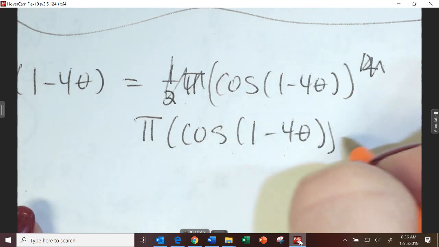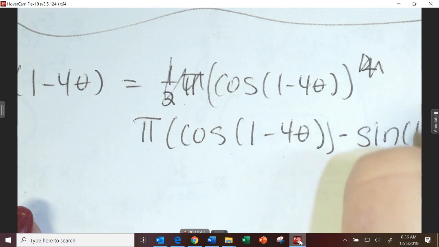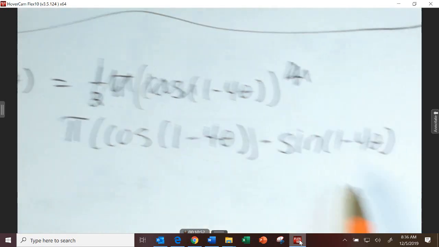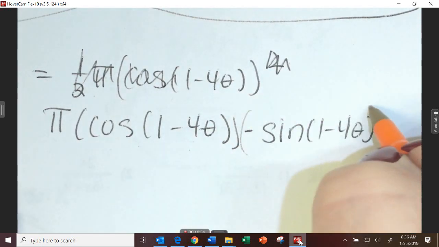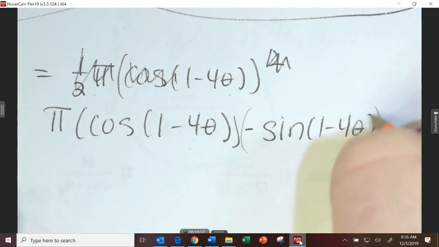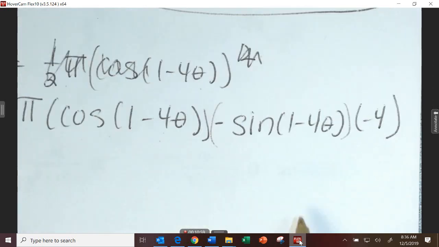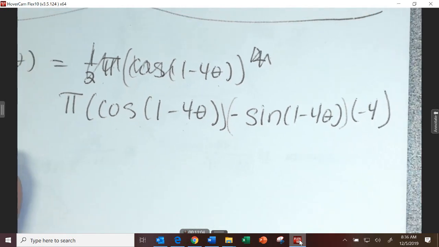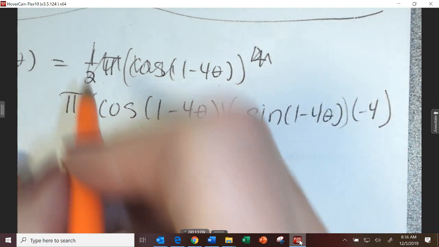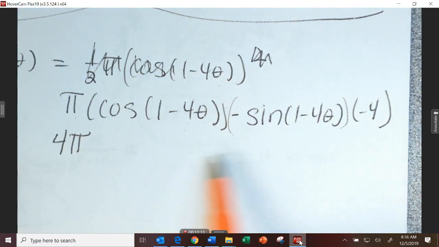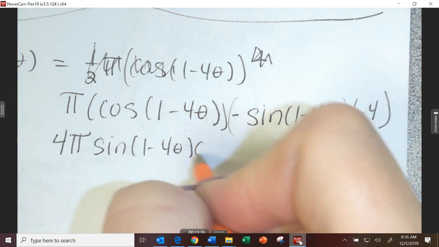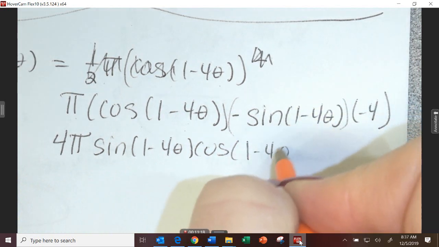So the derivative of cosine is negative sine of 1 minus 4 theta. And so now I took the derivative of cosine, so that's gone. And so now I have to do times the derivative of 1 minus 4 theta, which is negative 4. So simplifying all of that, we're going to have negative times pi, and so that's going to be 4 pi, and then I'm going to have sine of 1 minus 4 theta, cosine of 1 minus 4 theta.